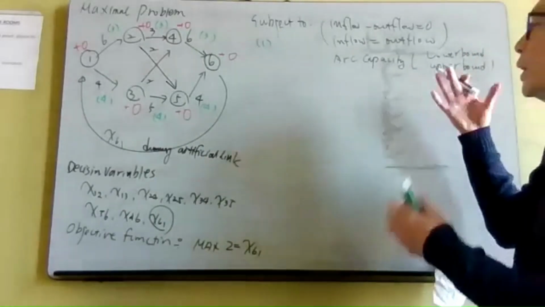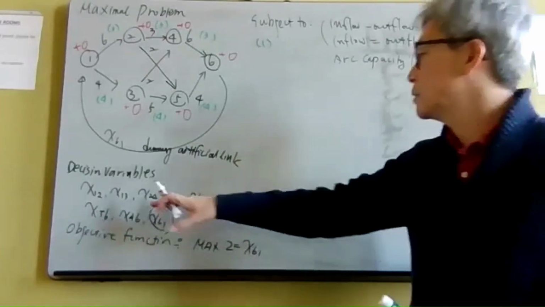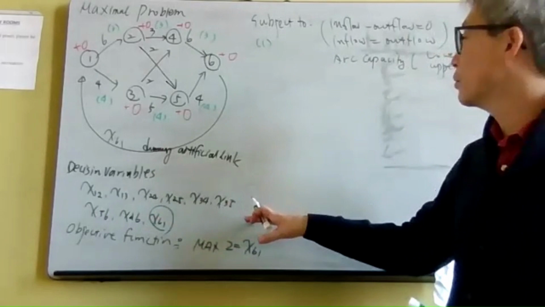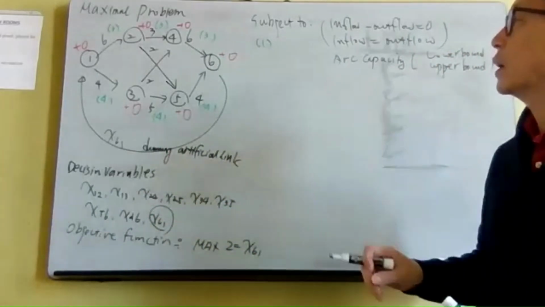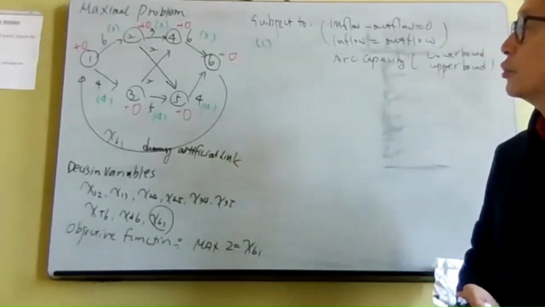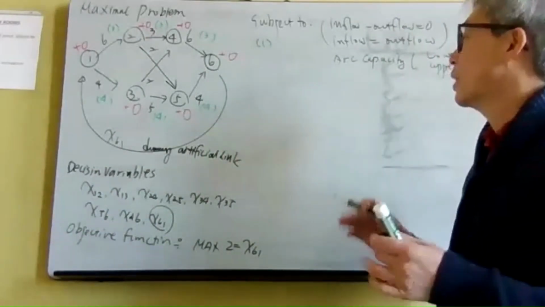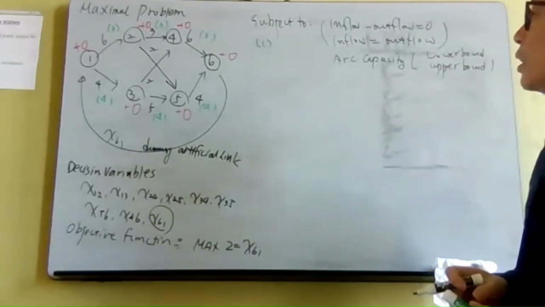There are a couple of ways to say this in math. We say these variables should be greater than or equal to 0, and then we just have an upper bound. We can say each arc should be greater than or equal to 0 and less than or equal to the upper bound, because you have a lower bound and upper bound on each arc.